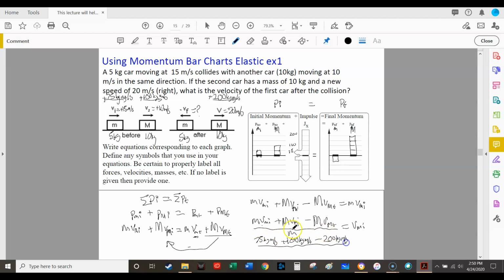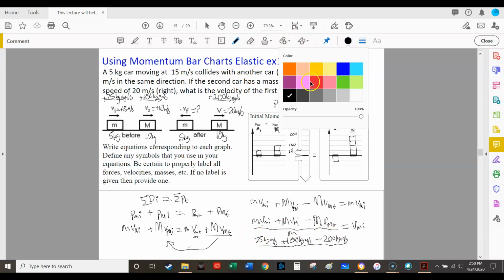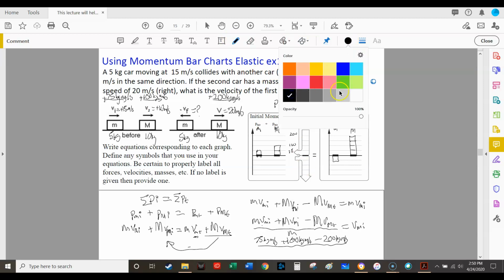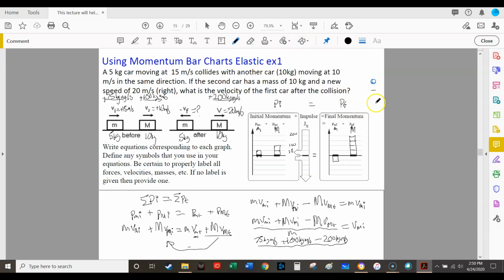This total is going to be 75 plus 100 minus 200. So this whole thing is going to work out to be negative 25 kilogram meter per second divided by 5 kilograms.